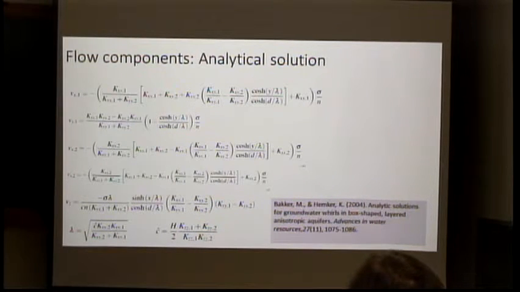So no singularity. And at the interface you have this vz. There is some kind of difference there in vx, but in the vertical direction, it has to be continuous there.